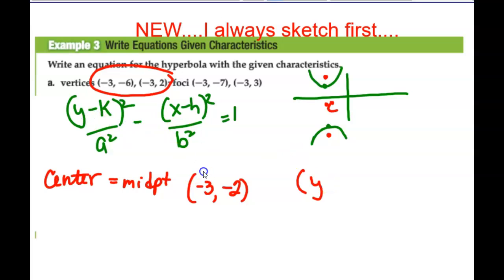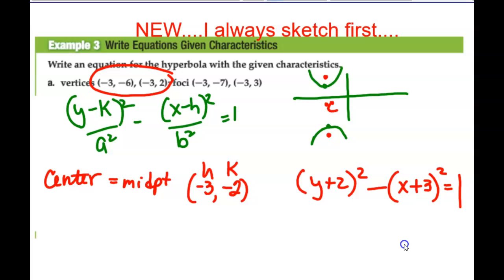y minus k. And then a minus, right. Okay. We actually also know A, if we think about it. A conceptually is the distance here that we went up and down to the vertices.